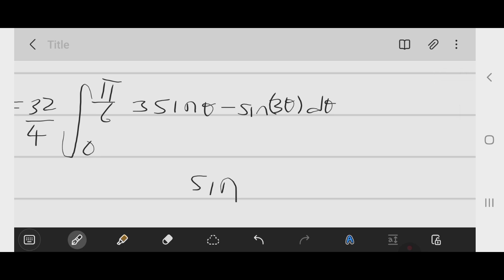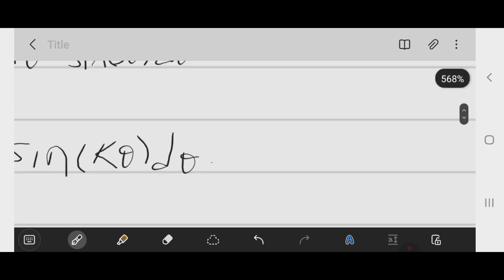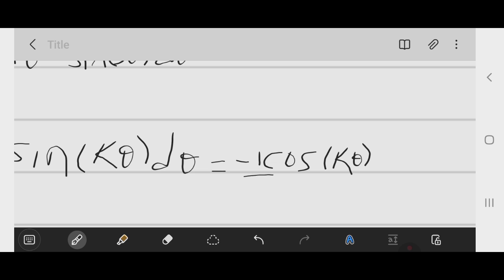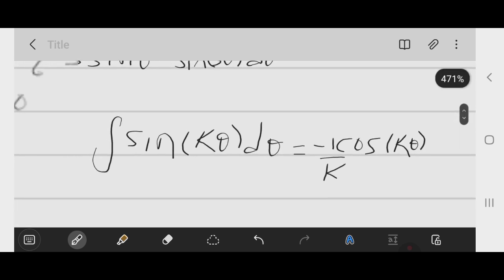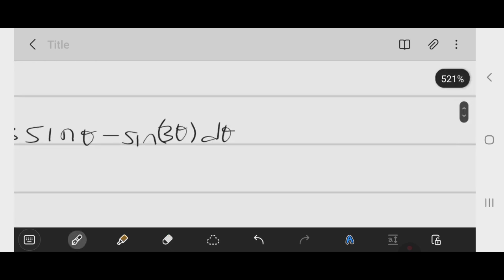Now note that when you're integrating sine k theta, you'll be having negative 1 over k cos k theta. 32 over 4 is 8.